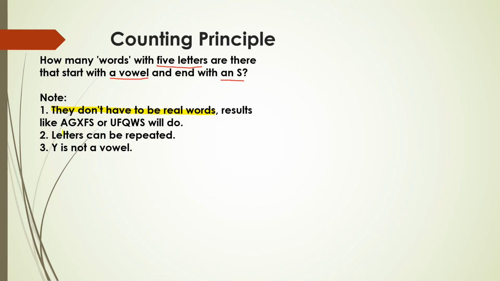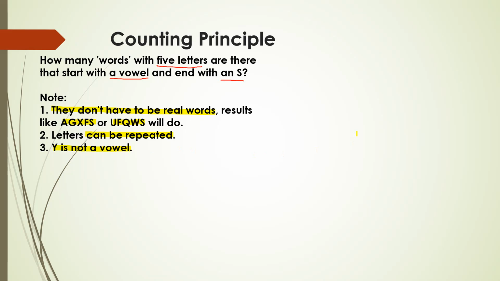So results like AGXFS will also do. There's nothing that's said here that we can't repeat letters. Okay, so we can repeat our letters. And obviously then Y is not a vowel. A, E, I, O, U are the vowels that we're referring to. So A, E, I, O, U, there's 5 of them.